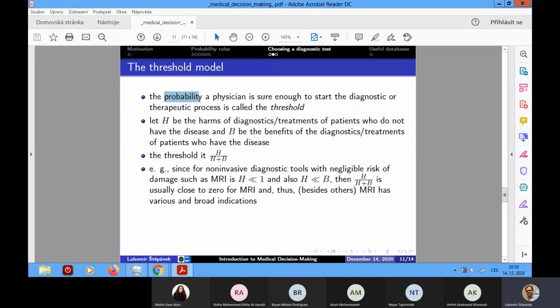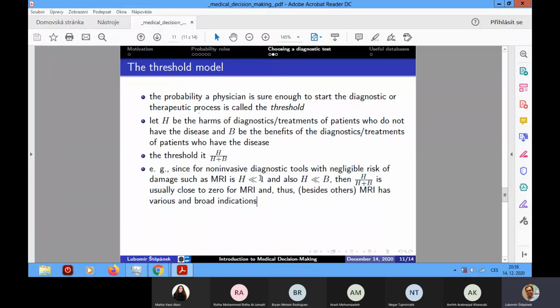When the probability of such a disease for a patient is higher than the threshold, and the threshold is very low because the harm is almost zero and B is relatively high, then H over H plus B is a very low number, and that's why MRI is indicated very often.